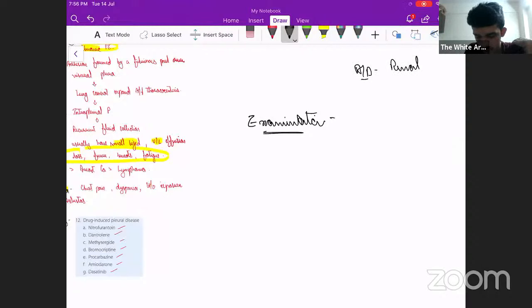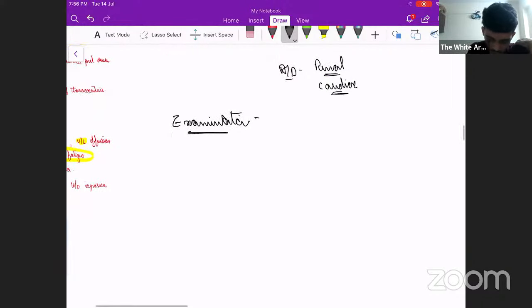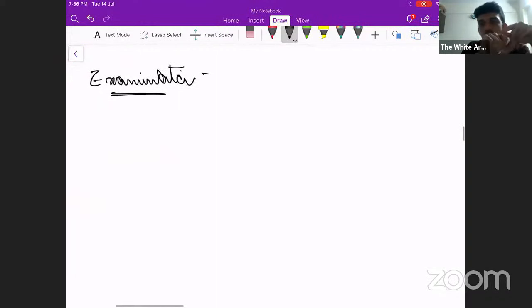One more is because of cardiac involvement. These are the things we have in our mind. What are the examination findings which we'll expect in a case of pleural effusion? Would anyone like to volunteer? If you volunteer, we can make it fast.